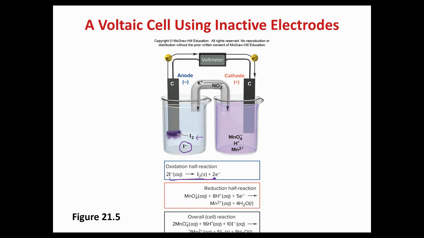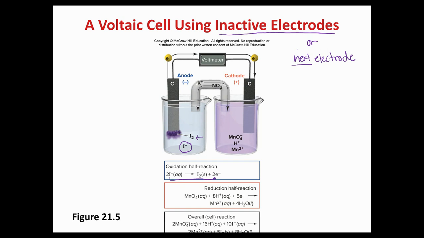So because you can't clamp a wire onto those, you have to use what's called an inactive electrode or inert electrode. Inert means unreactive. So you don't want to put something in there that's going to react.